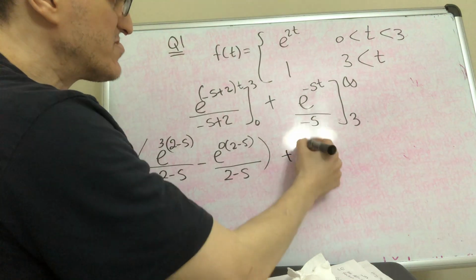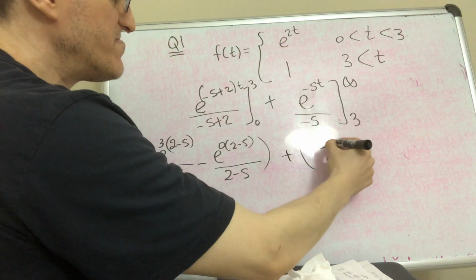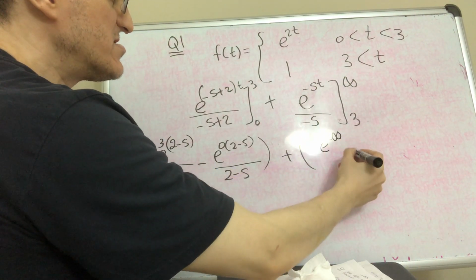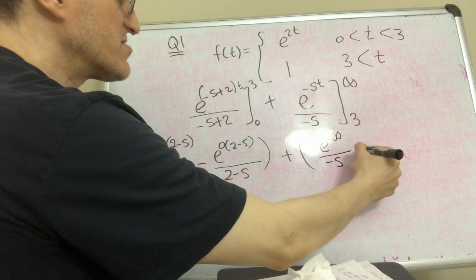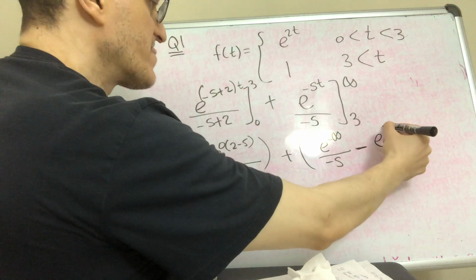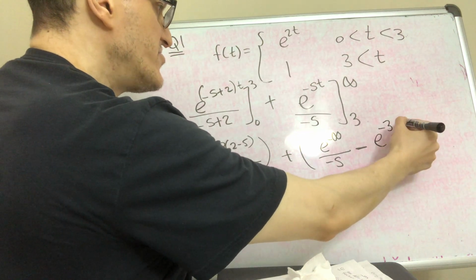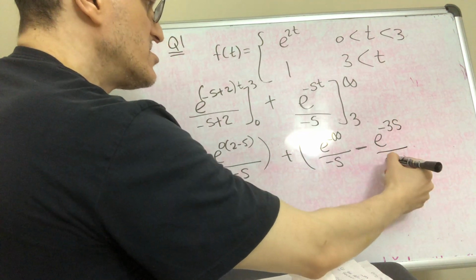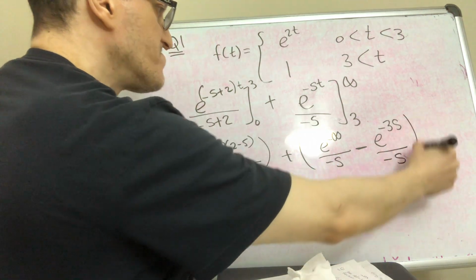Here, same story. You plug in infinity. So minus infinity over minus s, minus, you plug in 3. Becomes 3s over negative s.